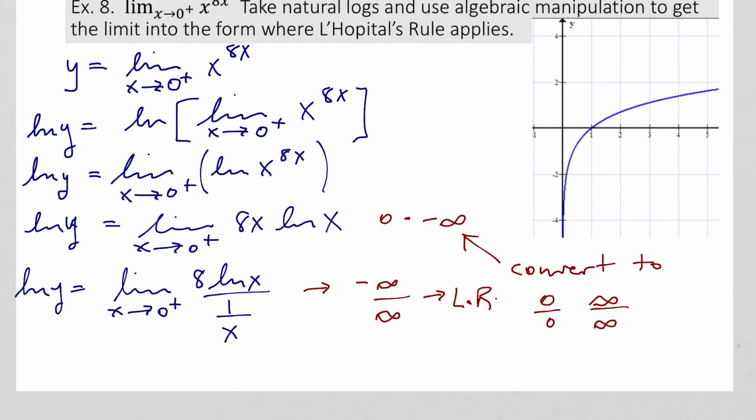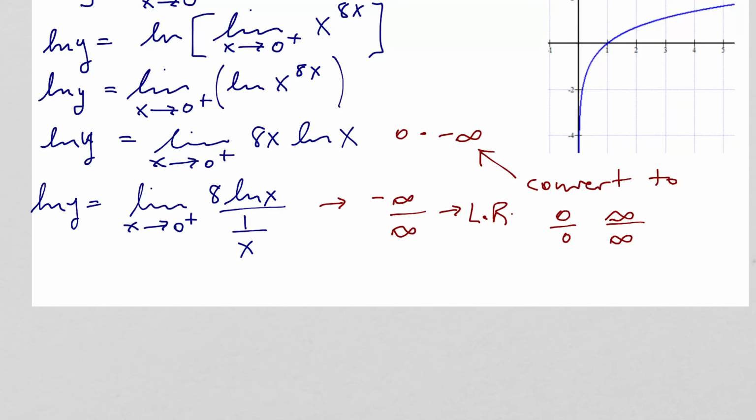All right, so now we're going to apply it, which means I'm going to take the derivative of the numerator and write it over the derivative of the denominator. So ln of y is equal to the limit as x approaches 0 from the right.